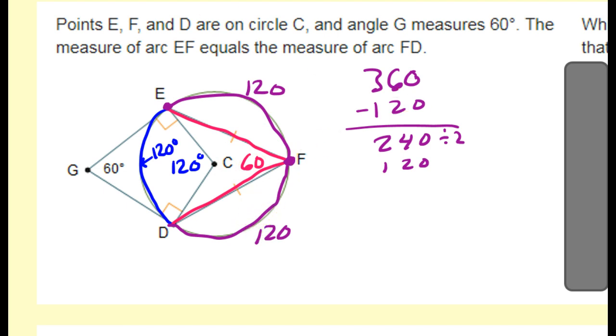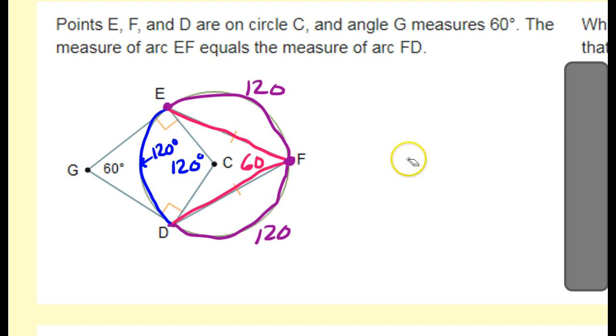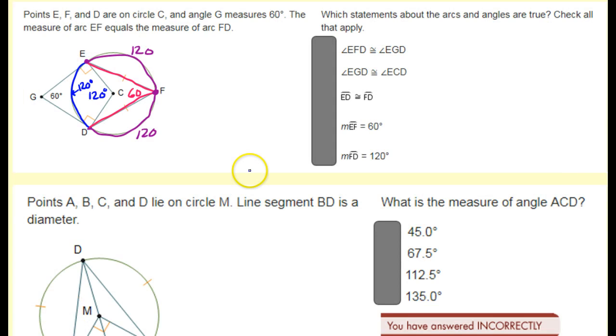Now that I have all that good information, I should be able to zoom out and answer the questions. Which statements are true? Check all that apply. Angle EFD is congruent to angle EGD. EFD is 60.